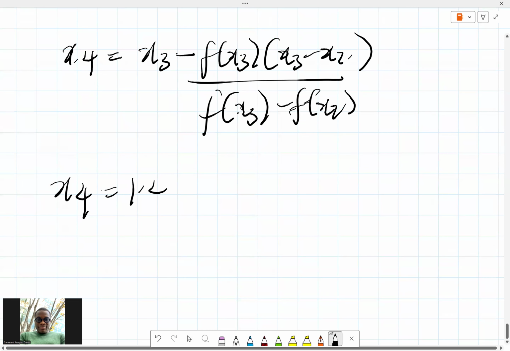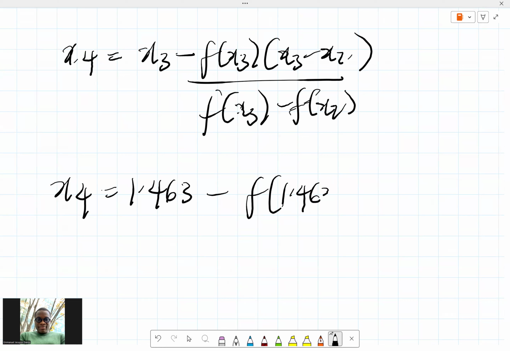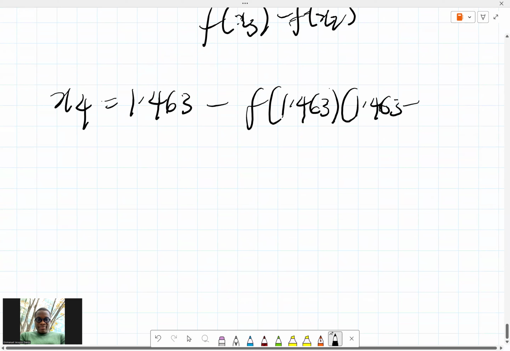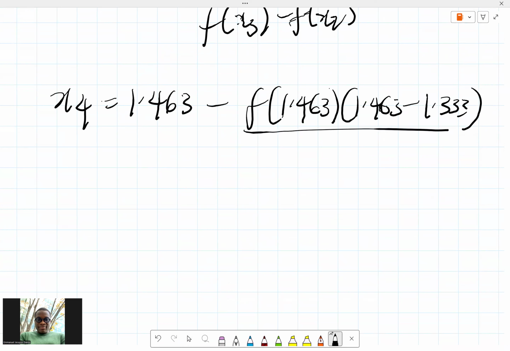So that's 1.463 minus f of 1.463 into 1.463 minus x2, where x2 is 1.333, divided by f of 1.463 minus f of 1.333.